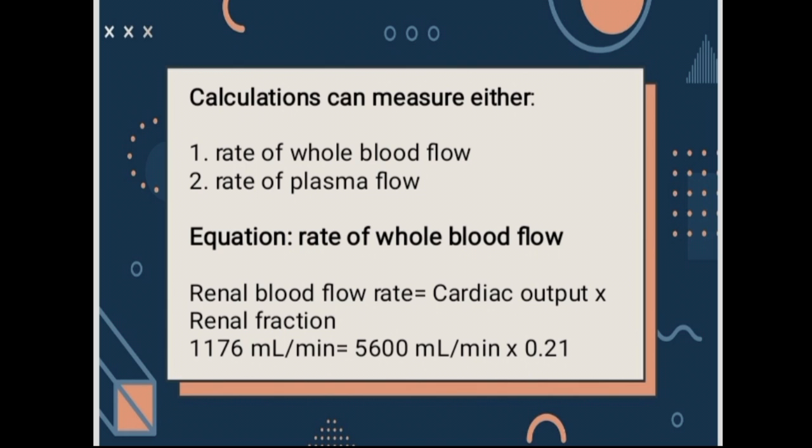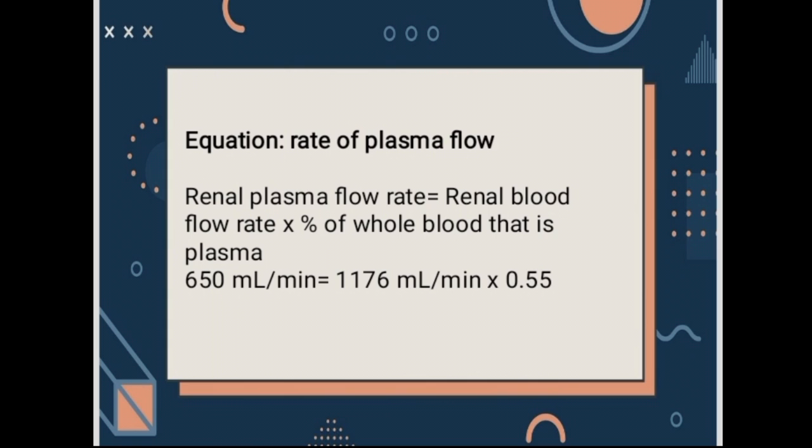This is the equation used for the rate of whole blood flow. To calculate the rate of plasma flow through the kidneys, called renal plasma flow rate, we must account for the percentage of whole blood made up by plasma, which is approximately 55%. This is the equation used for the rate of plasma flow.